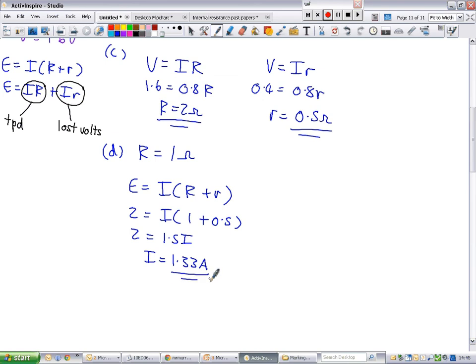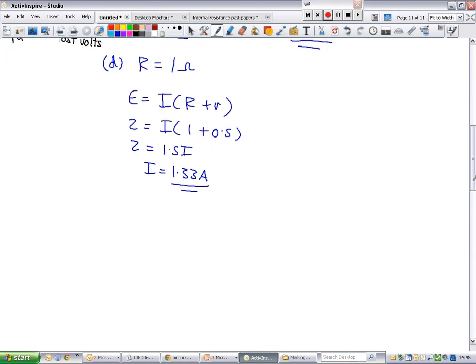So you've got a new current that will affect the amount of energy that is spent on the external resistor. So you can use V equals IR for that. It's quite easy now because 1.33 multiplied by 1 is going to give you your 1.33 volts, or 1.3 volts would be fine as well there.